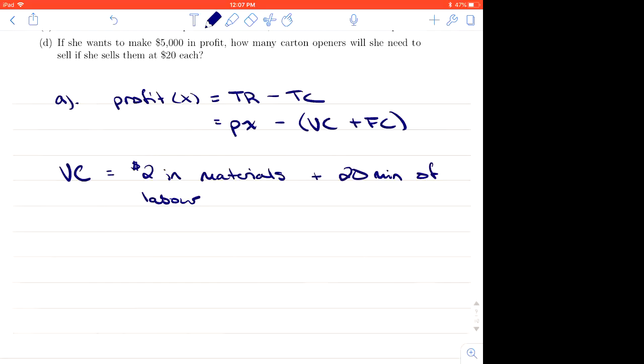So then we have $2 in materials, 20 minutes of labor at $30 per hour. So we know she charges $30 an hour, but she only spends 20 minutes per carton opener.